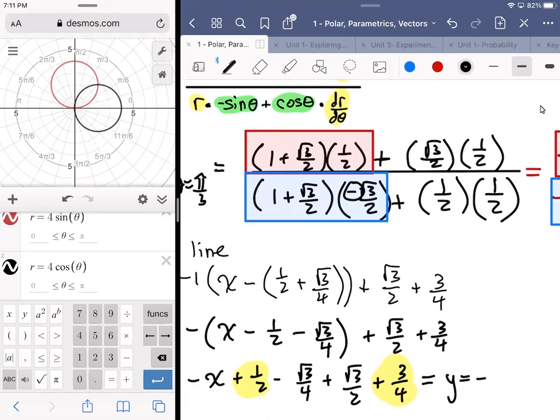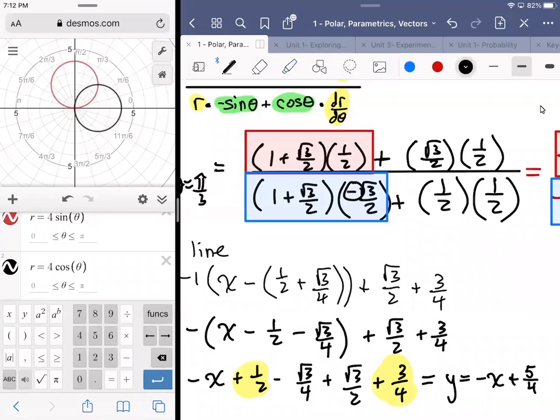So y is equal to -x. In terms of the rational parts, we got 1/2 plus 3/4, which is going to be 1 1/4, so 5/4. Right? So we can say plus 5/4. And then for the other piece, should be plus rad 3 over 4, right?